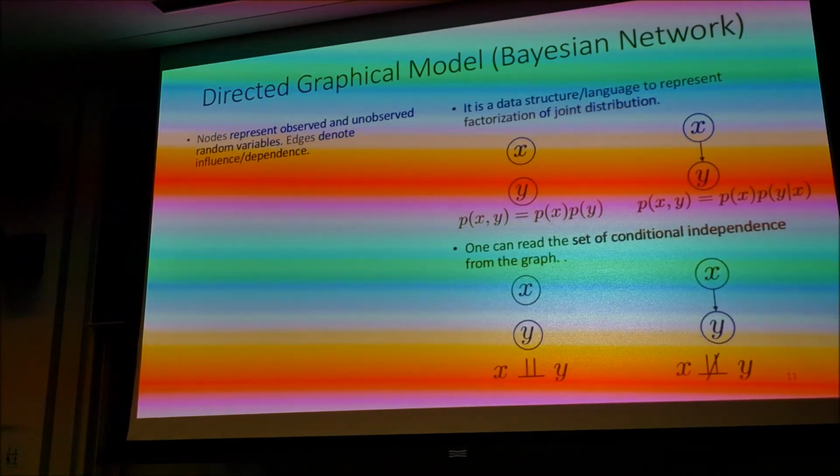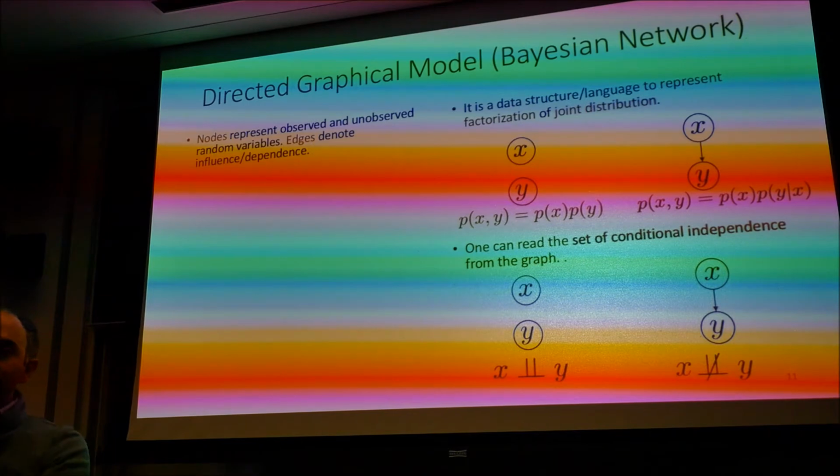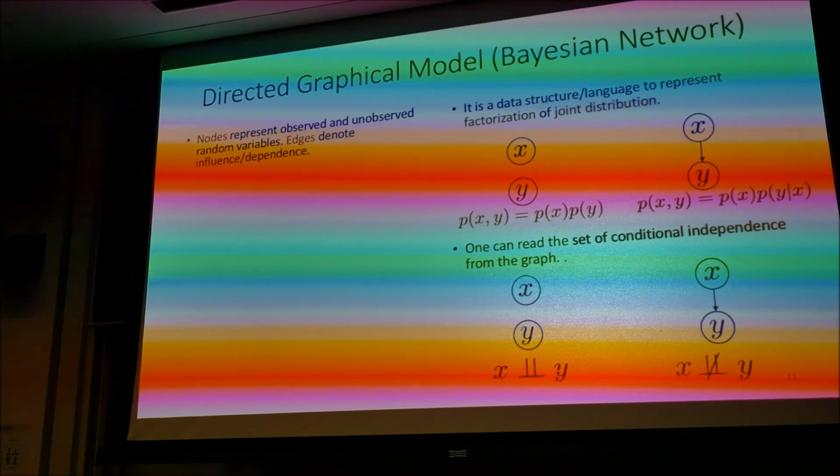So in other words, there is a one-to-one correspondence between conditional independence and the graph structure. Showing this graph is equivalent to saying x and y are independent, and showing this graph is equivalent to saying x and y are not independent.